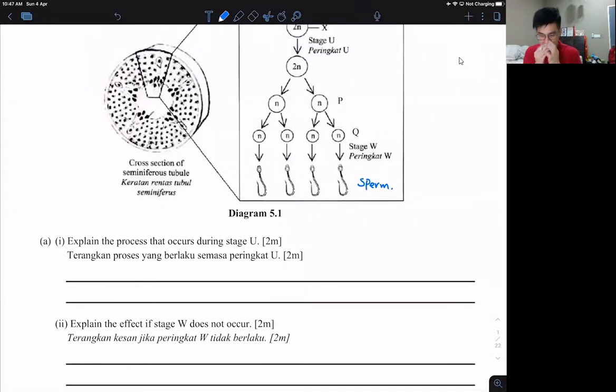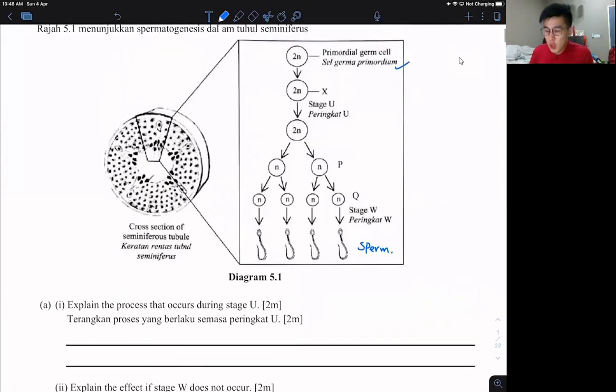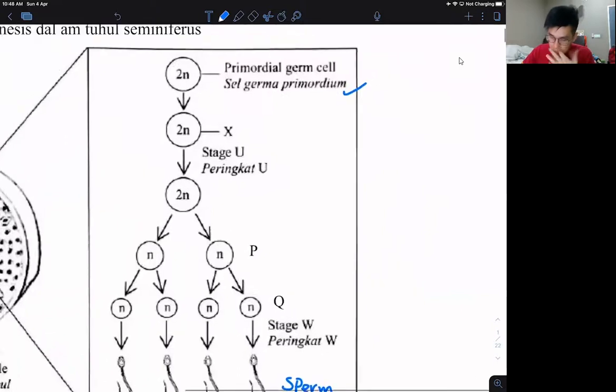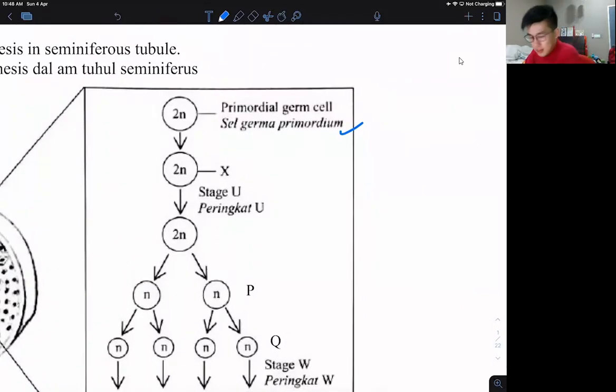First one, explain the process that occurs during stage U. Who can tell me what is stage U? Primordial germ cell becomes X, then stage U. Yes, Anson, very good. No, not mitosis, wrong.